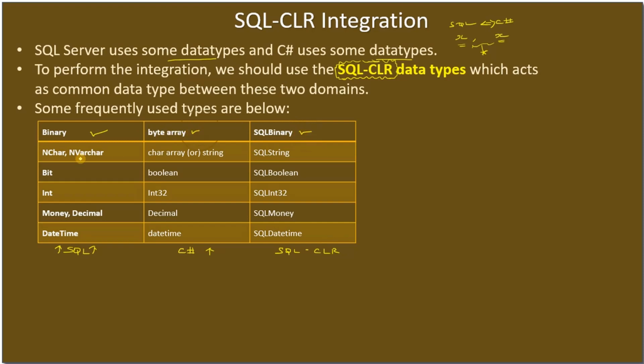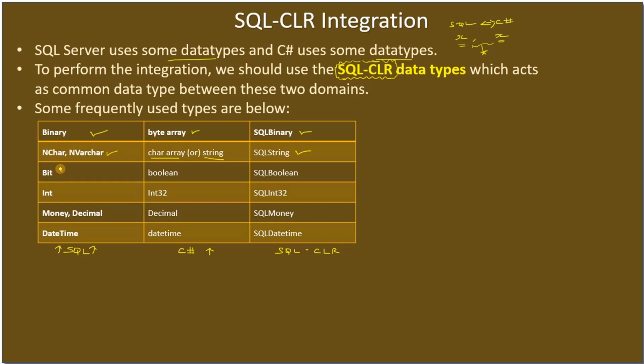So when you are writing your C# function, and if you think of a string or char array, use SQL string. And whoever is using your function on the SQL Server engine, they know that the function can tackle nchar or nvarchar.